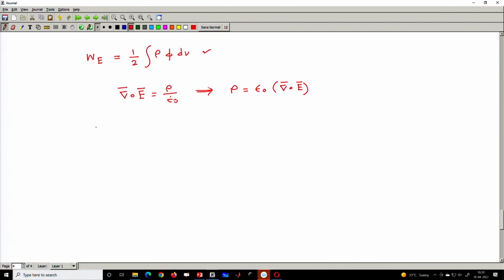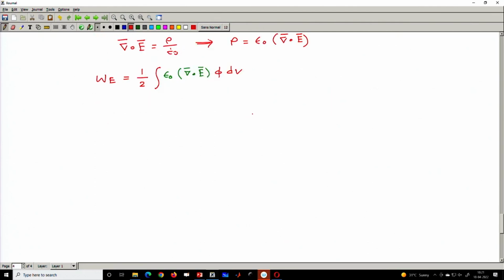So, we get half, then integration of epsilon 0 times the divergence of E, and then the rest is as usual phi dV.